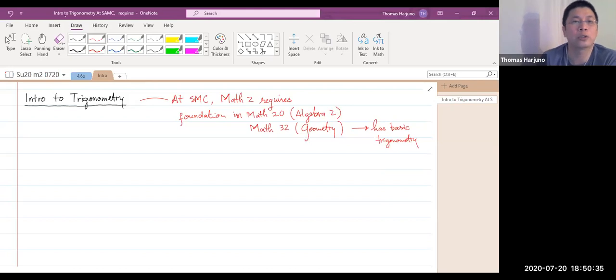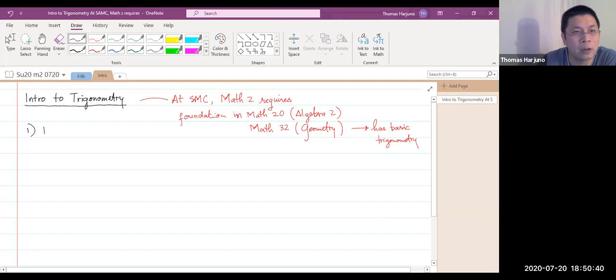Now, what are those 3 foundations? The first one, Pythagorean Theorem, which at this point you should already be really good at.